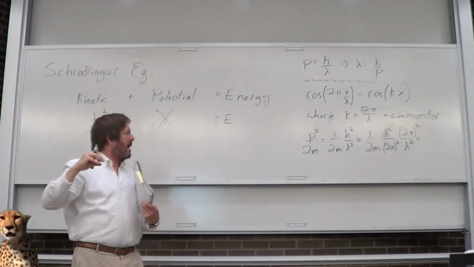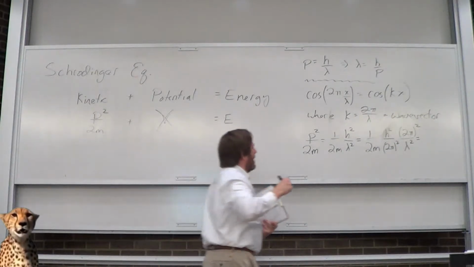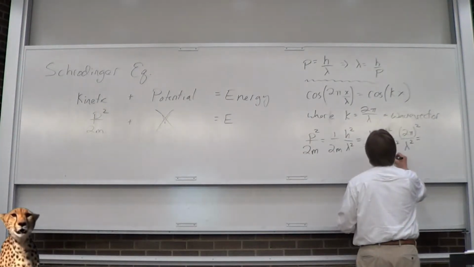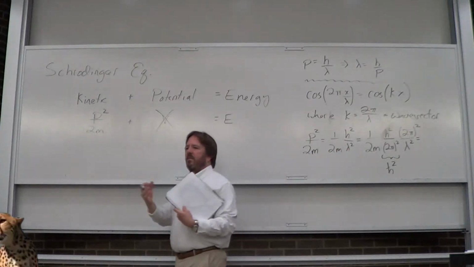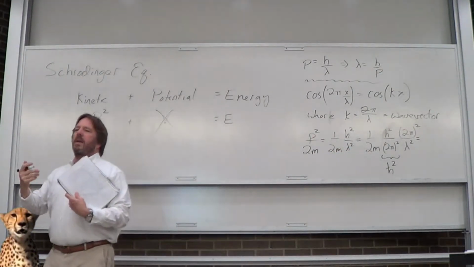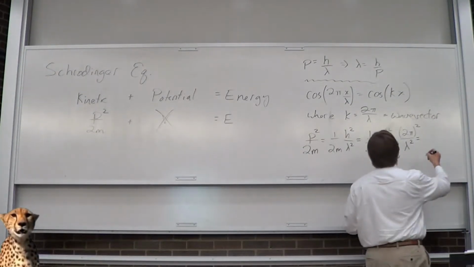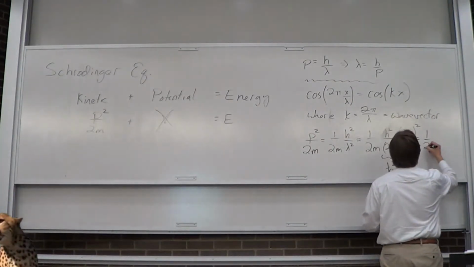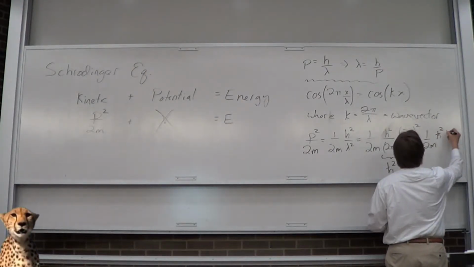Lambda squared, 2 pi over lambda? The wave vector? Okay, right. Now, you've probably heard of h bar, right? h bar is Planck's constant over 2 pi. I just defined that there. So this is 1 over 2m, h bar squared k squared.